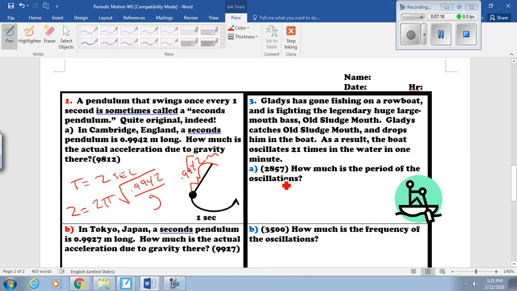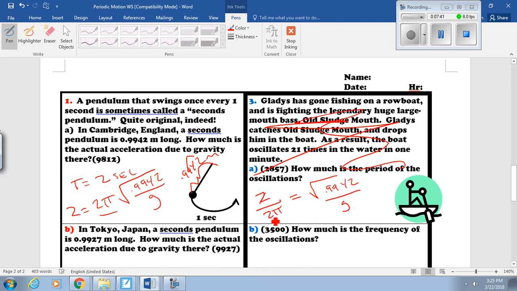I'm going to do it over here, on the side. So the first thing you want to do is start with something that's far away. So this 2 pi. So 2 divided by 2 pi, we'll get rid of the 2 pi on this side. That'll equal the square root of 0.9942 over g.